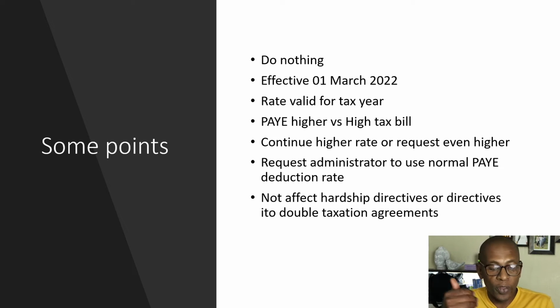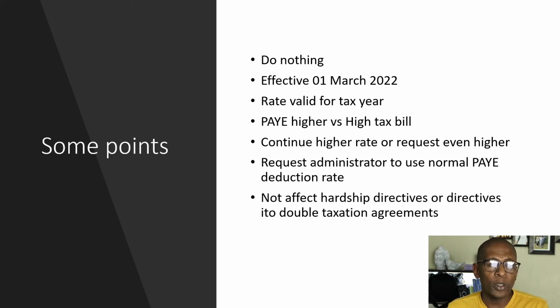If the client wishes to opt out of it, they've got to do it in writing. But otherwise, if they're happy with it, they could simply do nothing and let the higher rate take effect. This is going to be effective the 1st of March 2022.